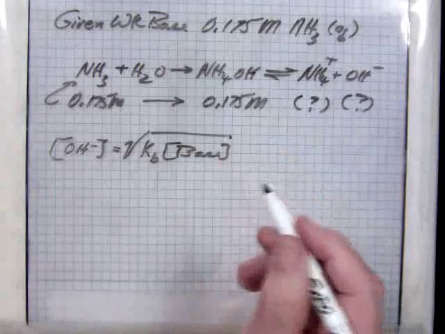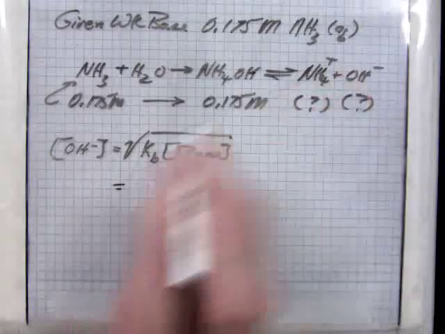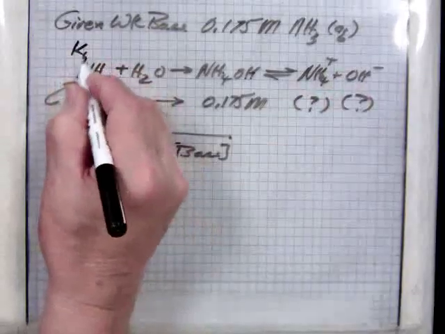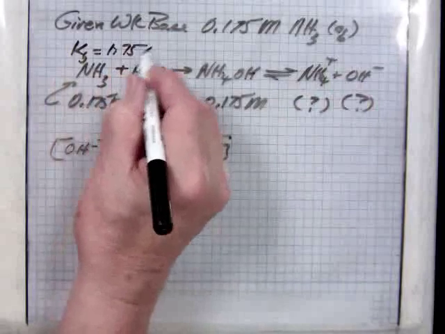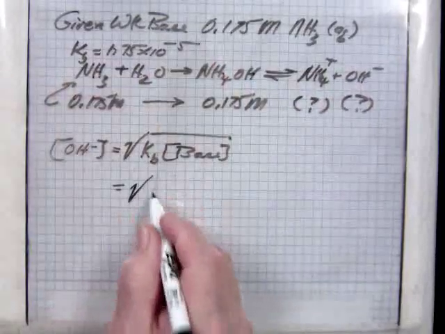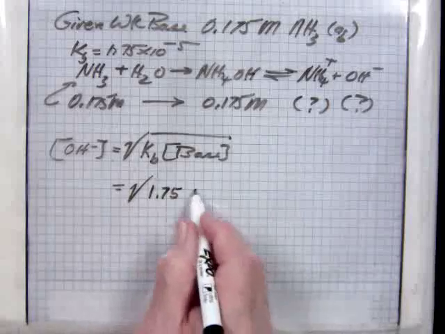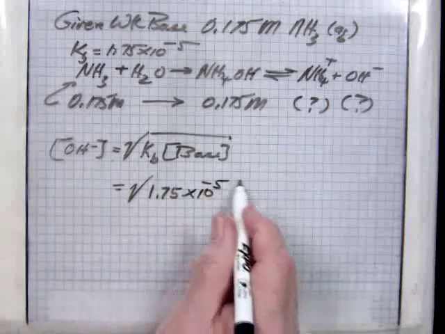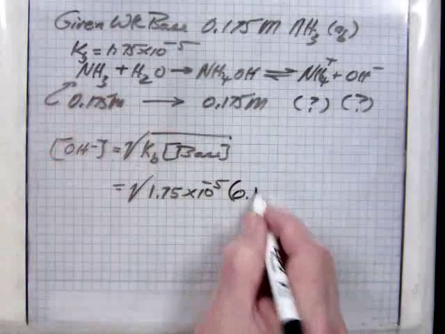Anyway, Kb for ammonium hydroxide, 1.75 times 10 to the minus 5. So that would be the square root of 1.75 times 10 to the minus 5, and we chose 0.175 molar.